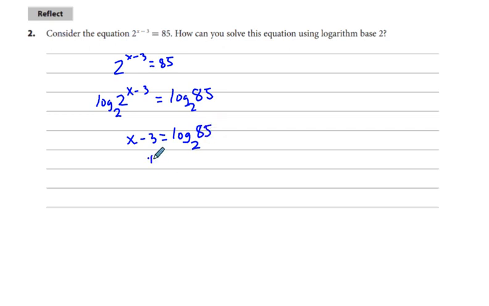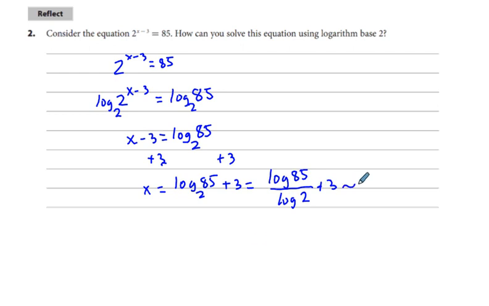And then adding 3 to both sides of the equation, we have x is equal to log base 2 of 85 plus 3. And then we can use our change of base formula. Again, that's from 16.1. We can rewrite this as log of 85 over log of 2 plus 3.